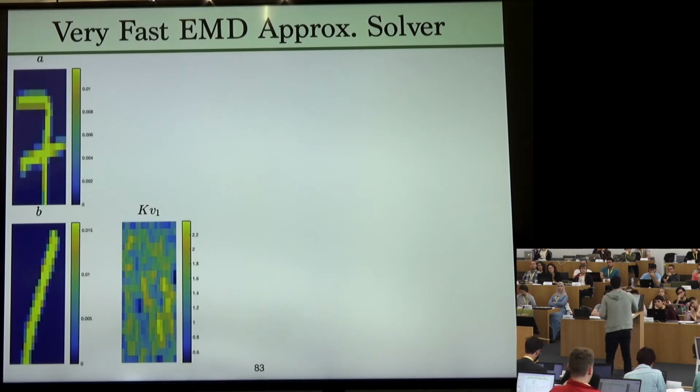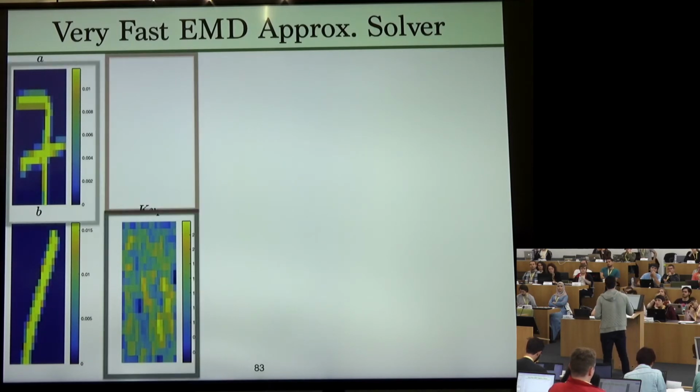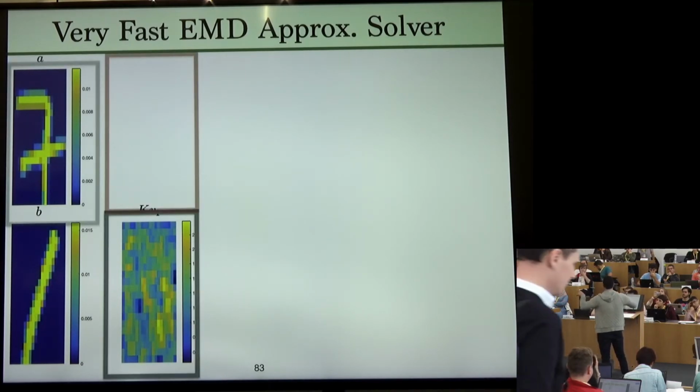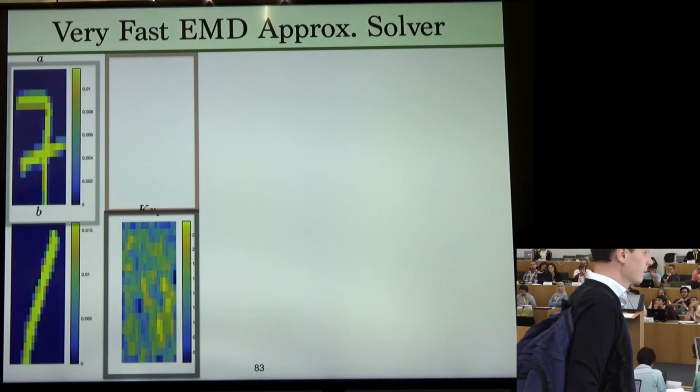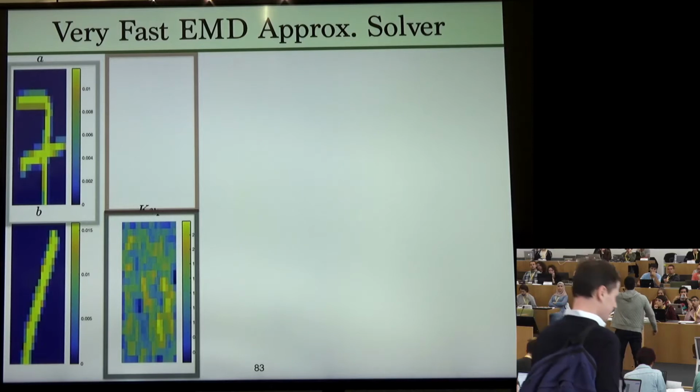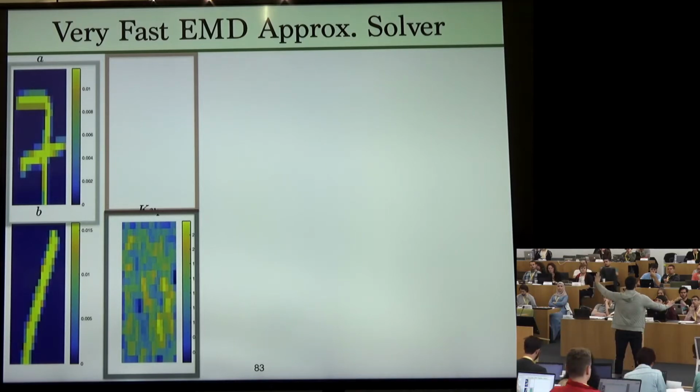So here you apply the kernel, and you remember the Sinkhorn algorithm, the next step is A divided by K times this matrix vector of weights, V. And so you would take simply what's on the top left divided by what's on the bottom right. Of course, what is on the top left is essentially made of zeros and a few values that are positive where you can see the ink of the number.